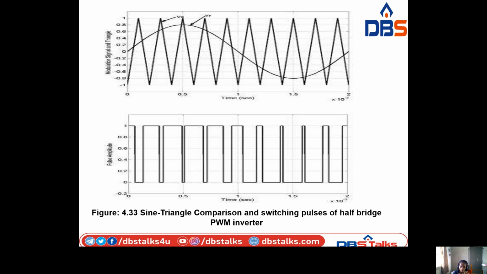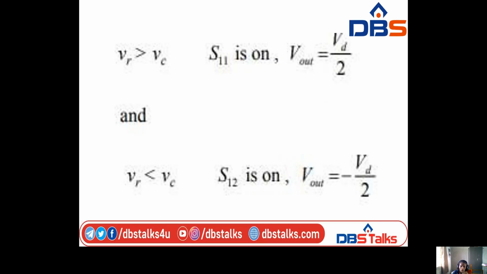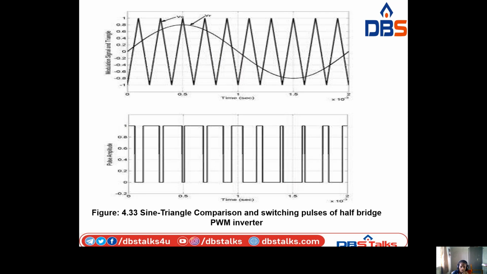Here we see that VR will be greater than VC. You have to see that when VR is greater than VC, then S11 will be on, and the output voltage will be VD by 2.